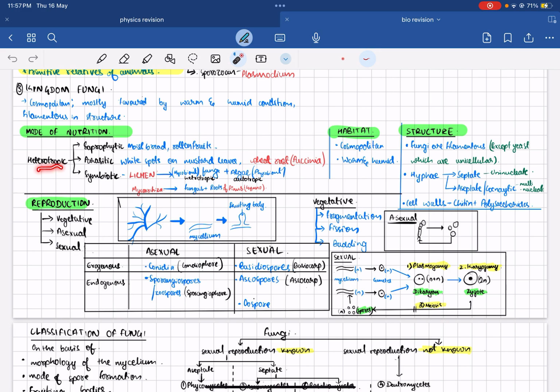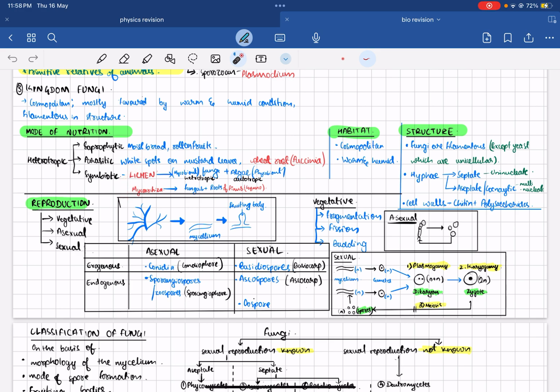These are mainly heterotrophs; saprophytic, parasitic, and symbiotic are their nature. Saprophytes can be found on moist bread or rotten fruits. Parasites cause white spots on mustard leaves and wheat rust, Puccinia. A symbiotic relationship is found in lichen and mycorrhiza.